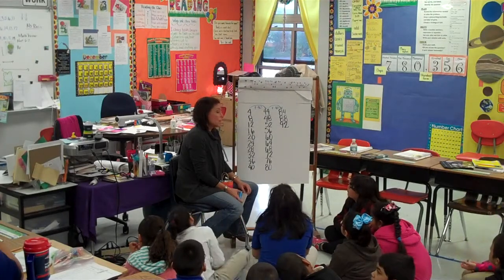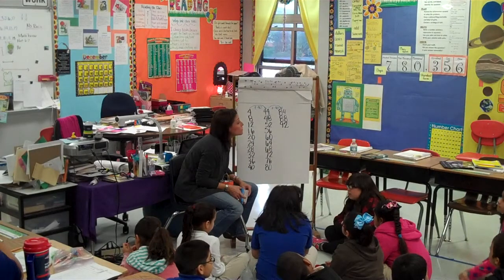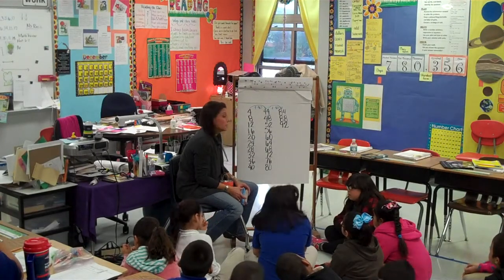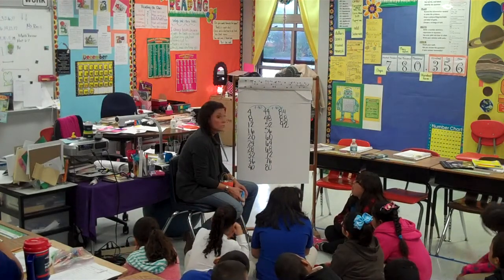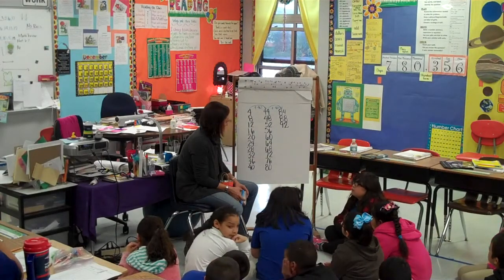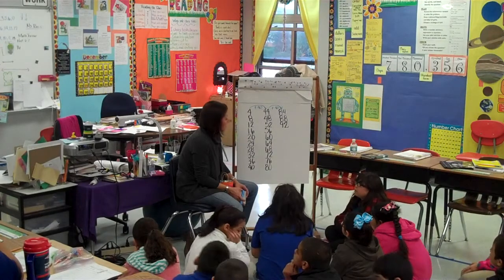Okay. Nathaniel? To me, it's almost like counting by twos. Why is it almost counting by 2, sweetie? Because counting by twos, you know, like there's a 4 and an 8, just put a 6 in between the 8 and the 4.